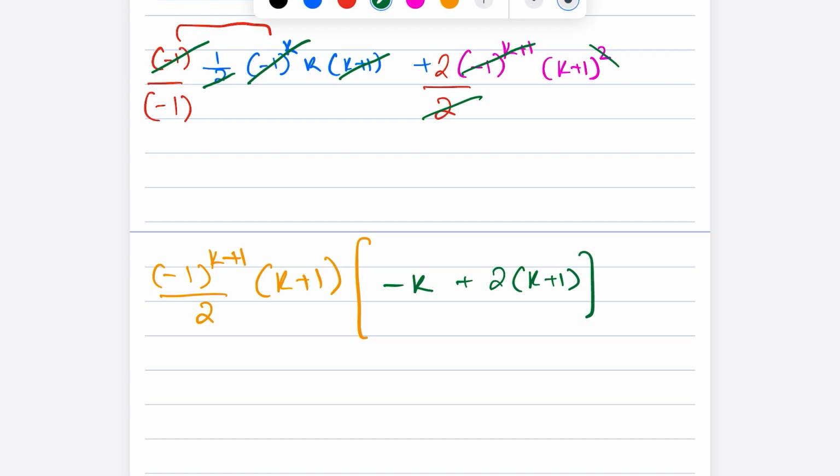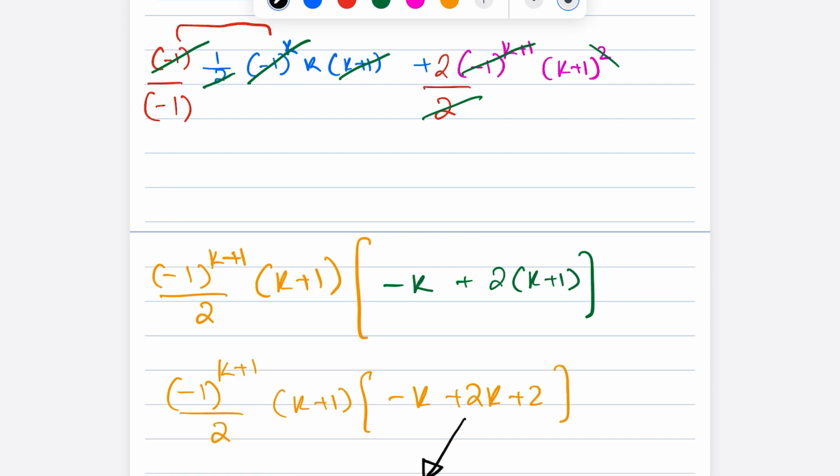So what does that become now? Minus 1 whole to the power of k plus 1 upon 2 times k plus 1 times minus k plus 2k plus 2. Minus k plus 2k plus 2 is nothing but what, k plus 2? Yes, it is going to be k plus 2. So that's all. We got the answer. So by principle of mathematical induction, it's going to be proved.